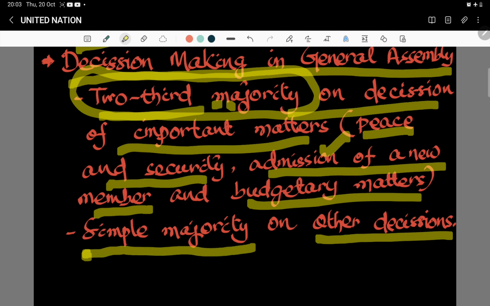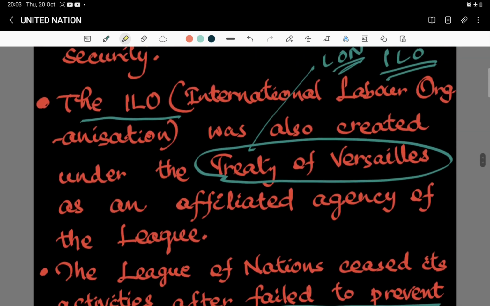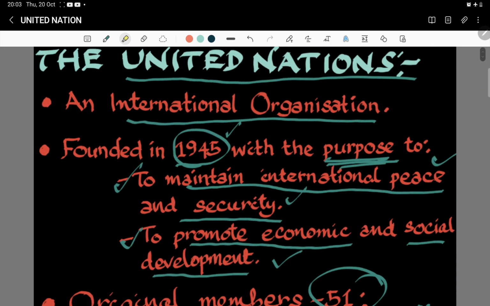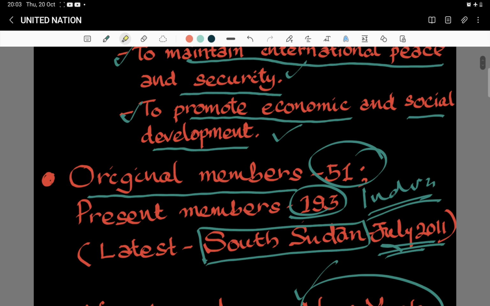Okay, let's have a quick revision. The United Nations is an international organization. It was established in 1945 with two basic purposes. First is to maintain international peace and security, and the second is to promote economic and social development.